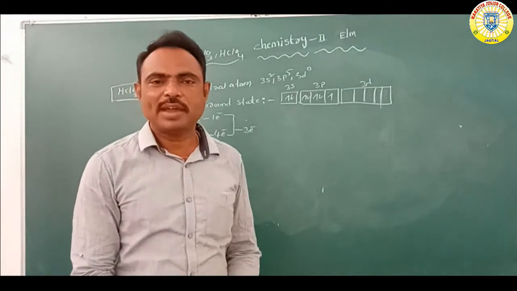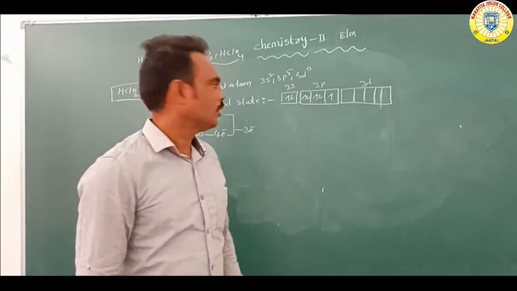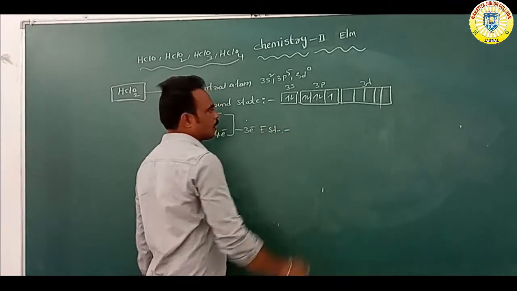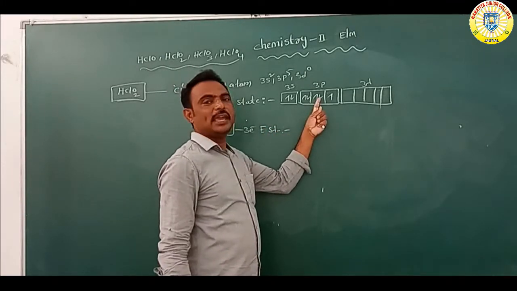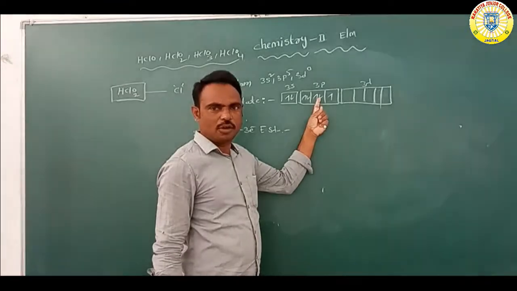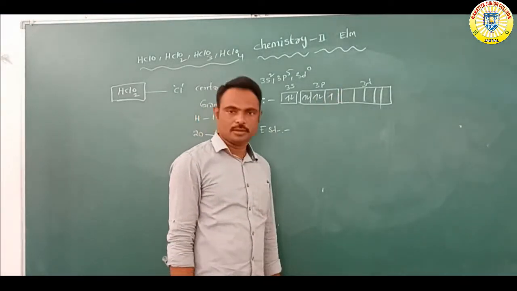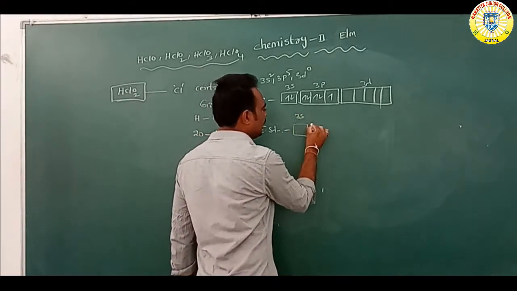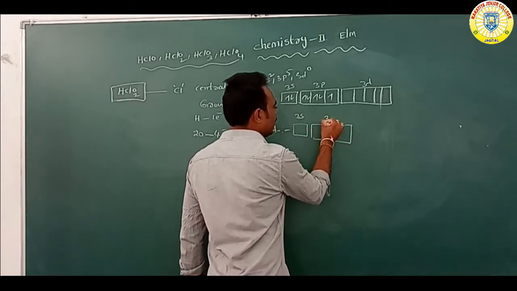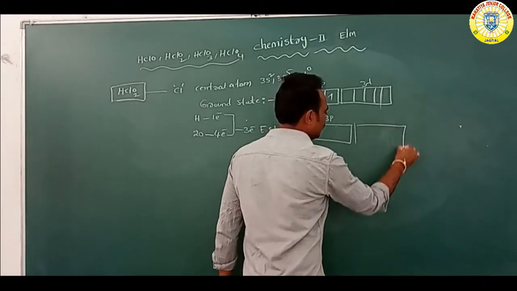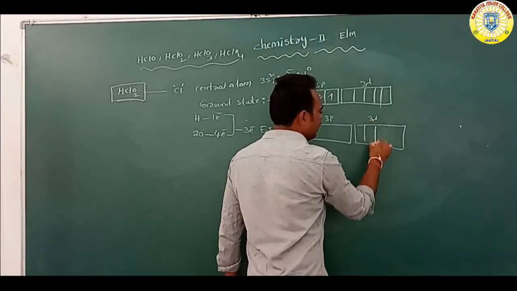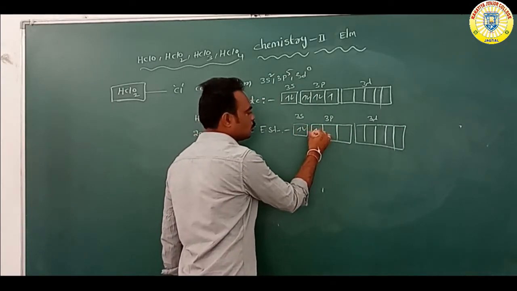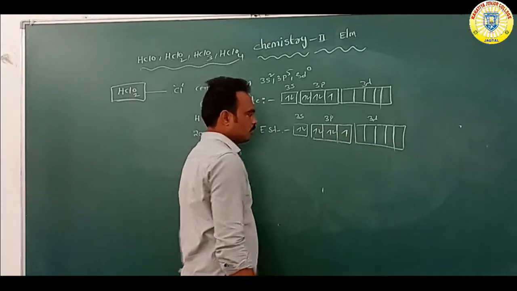So we require the excited state. In the excited state, one electron of the 3p orbital jumps to the 3d orbital. So the 3s orbital, next the 3p orbital, next the 3d orbital, overall 2 electrons, 2 electrons, 2 electrons, 1.